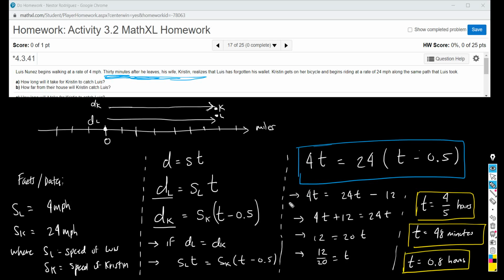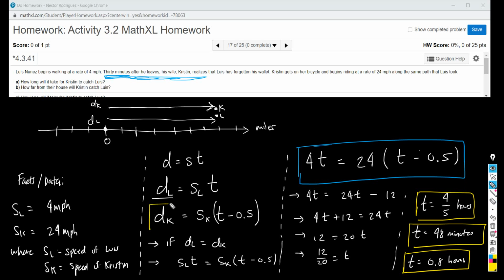So after this much time, Christine has already caught Luis. And the other question is, how far from their house will Christine catch Luis? Well, all I need to do now is take Christine's equation, which is this one.